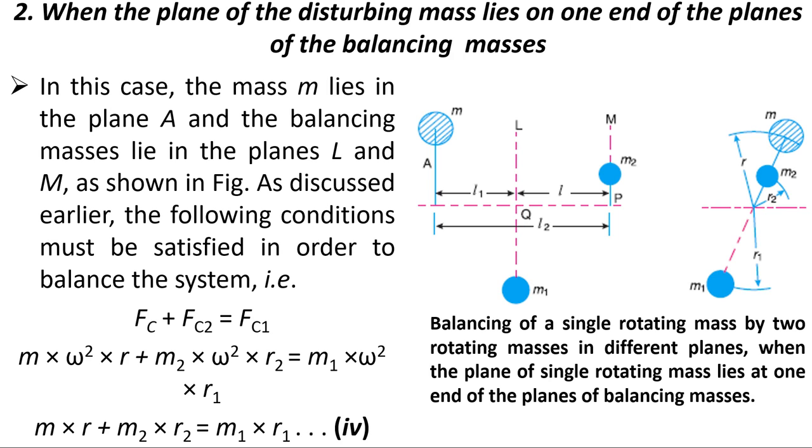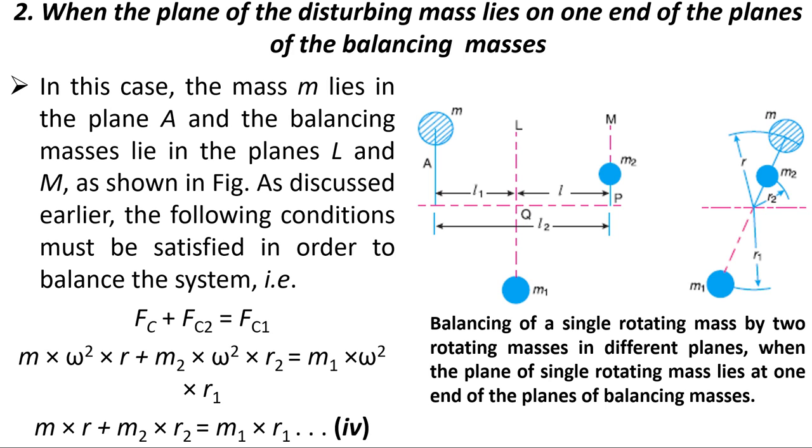We take the same plane name, plane A, but on the left side, and the planes L and M are shown in this figure on the right side of the disturbing mass, that is M1 and M2. Automatically the distances are taken the same way, L1 here, then L here, the total length from L to M, and then L2 distance. So just the position changes.